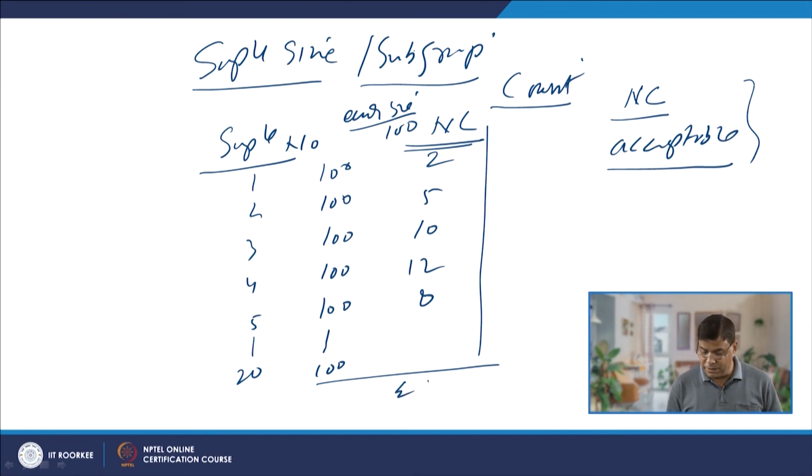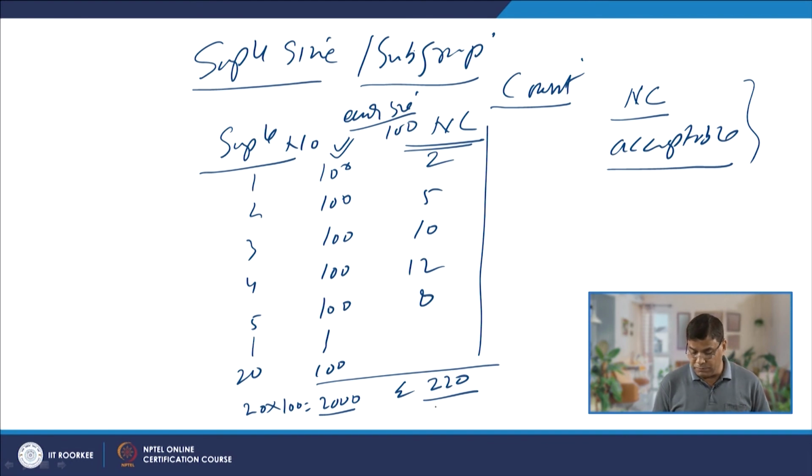Say it comes out to be 220. Since the sample size is 100 and there are 20 samples, the total number of items inspected will be 20 into 100, so 2000 units are inspected.